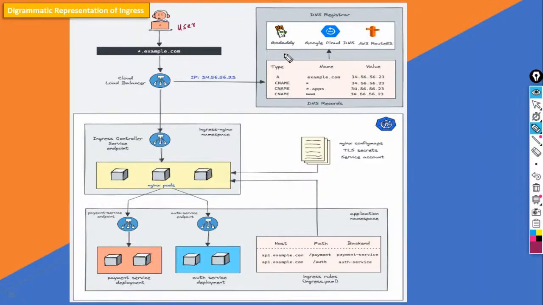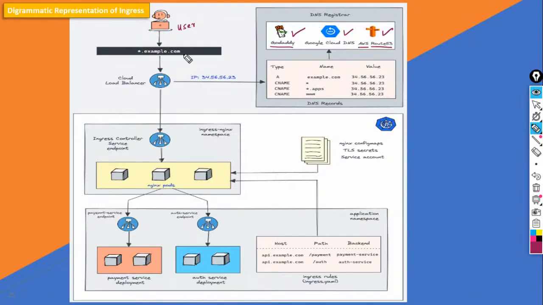Who are the service registrars from which you get your domain? It is GoDaddy, Google Cloud DNS, AWS Route 53. AWS Route 53 is a very popular service, or GoDaddy. I think you have heard the term GoDaddy. GoDaddy is a service provider who can give you the domain.